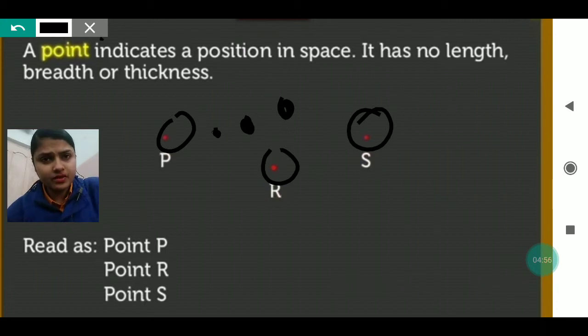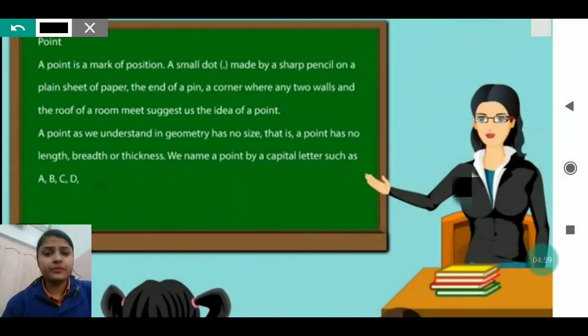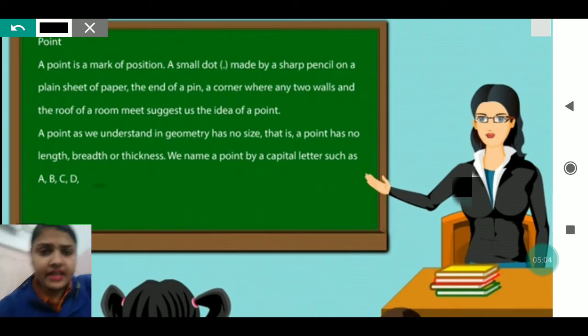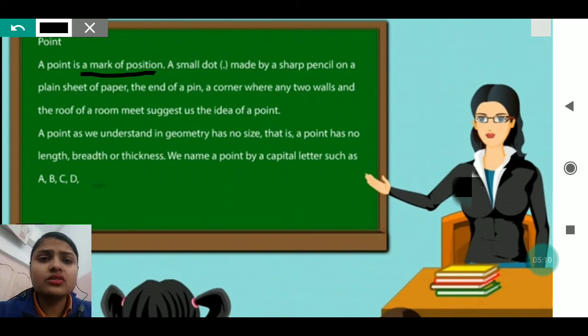See what is written here: a point marks a position.